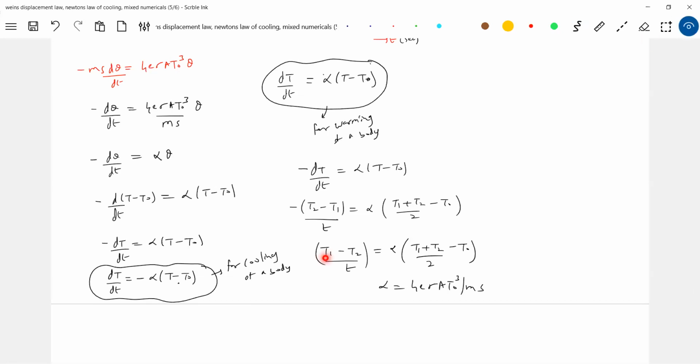What is this? Initial minus final. What is T? Time taken for the temperature of the body to decrease from T1 to T2. So how should you interpret this? What is T?